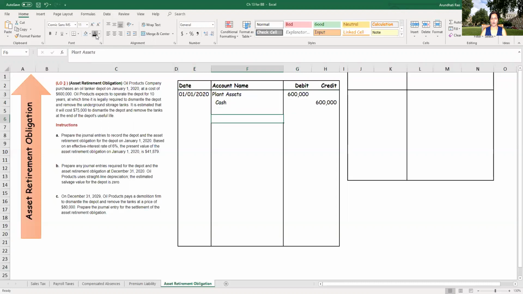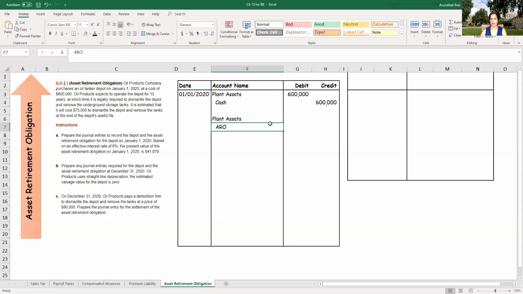Now the second one also looks similar in that it is plant assets debit. So that liability that I'm going to have at the end of its useful life, which is 10 years, I'm adding it to the cost of the asset. So whatever cost I'm going to incur 10 years from now, I'm bringing that down now, and I'm saying I need to include it, and I'm crediting asset retirement obligation liability.